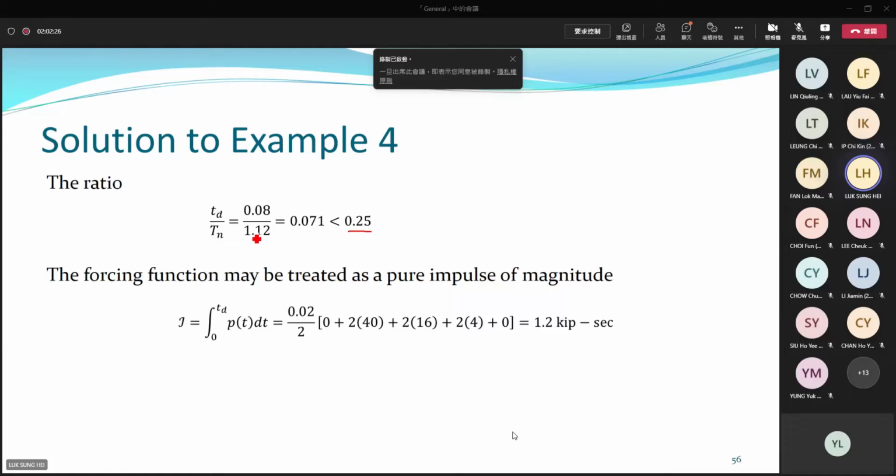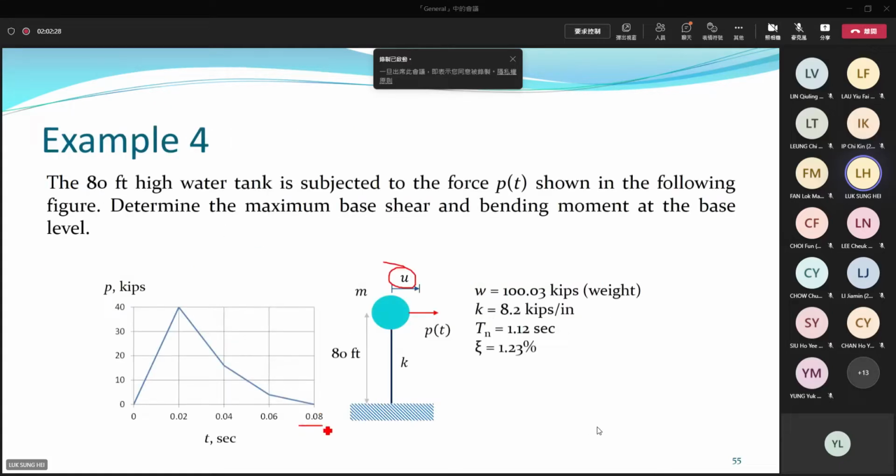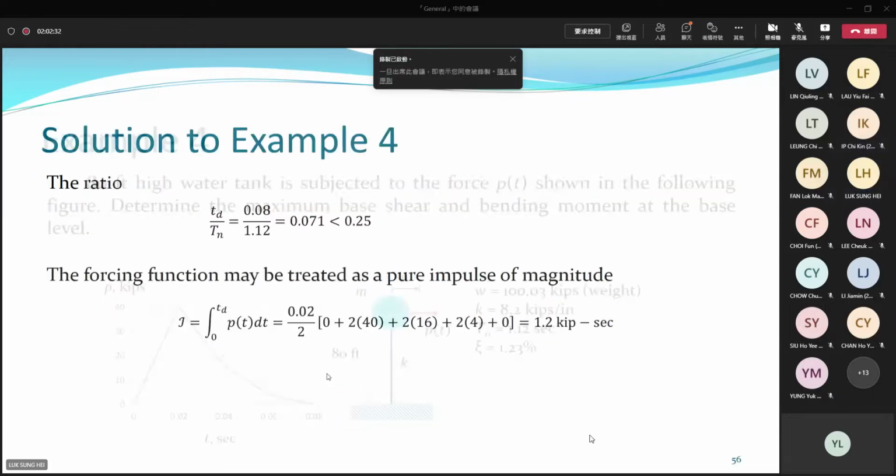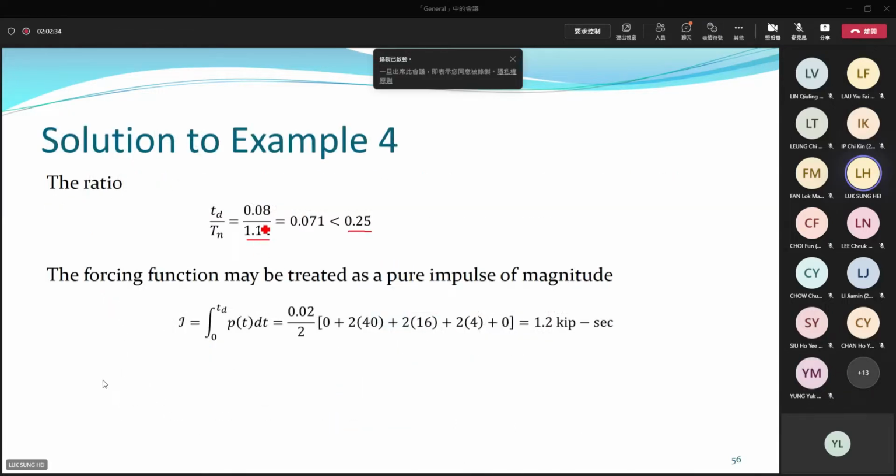TD, from the picture, TD is equal to 0.08 second. TN is given 1.12. The ratio gives you a small number, 0.071, less than the limit. So it seems that you can apply this approximate method in your calculations.